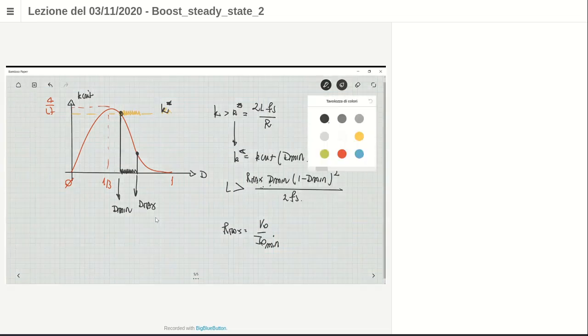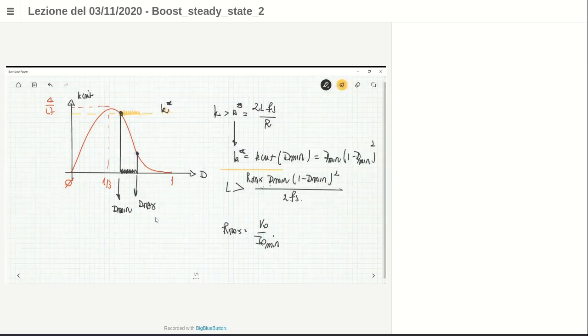So in order to be sure to work in CCM, I have to consider the minimum duty cycle, because this minimum duty cycle assures me that for any variation of duty cycle, I'm operating in CCM operating mode.